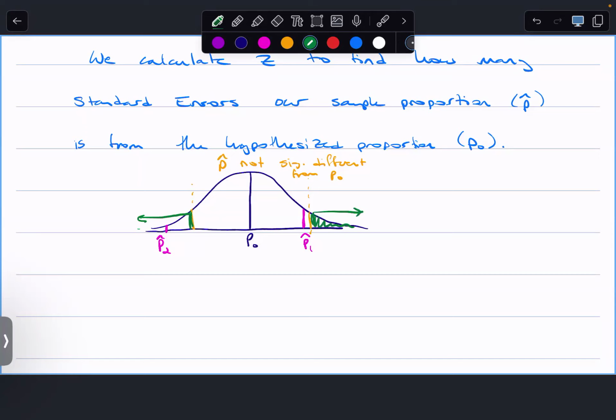Anything out in this region, p hat is significantly different from p naught. But that can happen in the other tail, bless you, is significantly different from p naught, regardless of which direction we're going in.